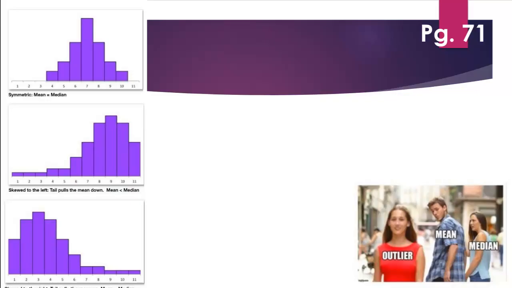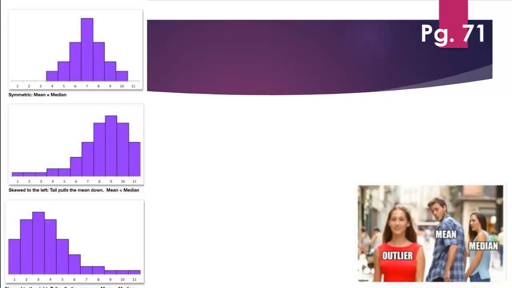What can you tell me just looking at it? It's purple. Yes, that is true. It looks equal on both sides. What's that called when it looks the same on both sides? Symmetric. Yes. So this graph is symmetric.